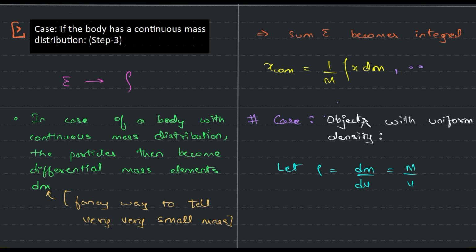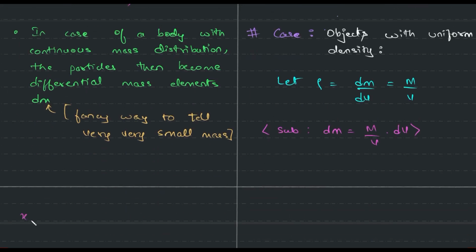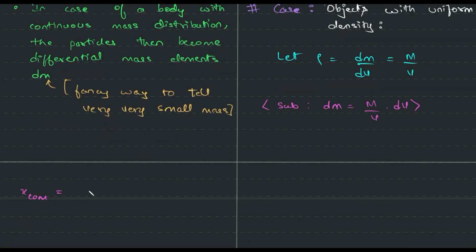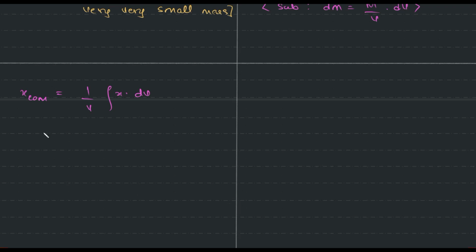So what if we substitute dm as M by V? Remember, M and V are constant. So if we substitute over here, your XCOM will become what? M and M will get cancelled, and we have 1 by V integration of x dV. Okay, so the formula will change.